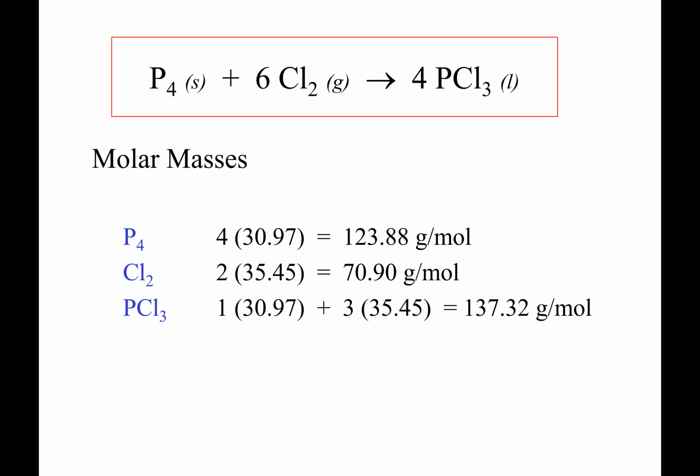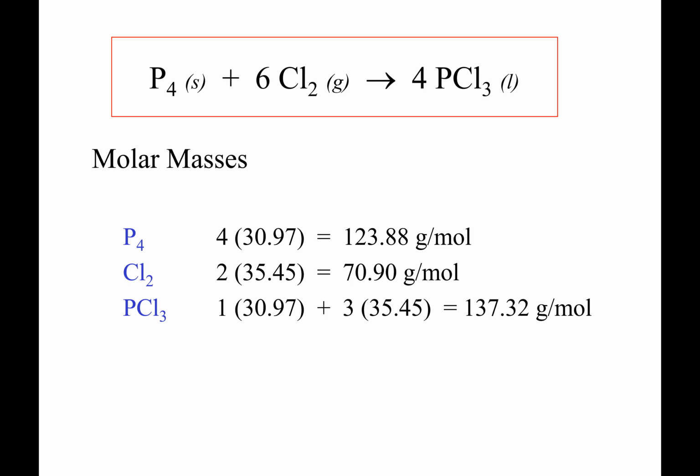The molar mass of P4 is 4 times the decimal number for phosphorus, which is 30.97. So it's a whopping 123.88 grams per mole. And then to work this problem, we're going to Cl2, so we need its molar mass. 2 times 35.45 is equal to 70.90 grams per mole.